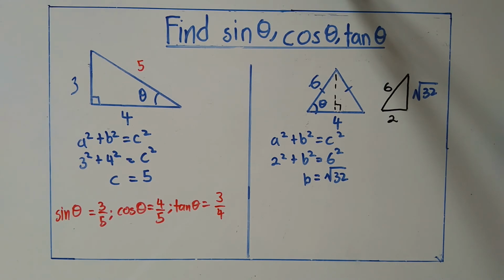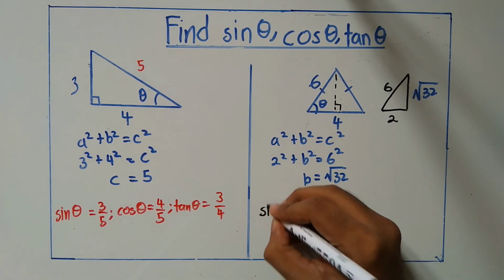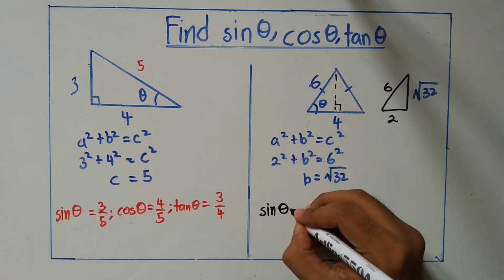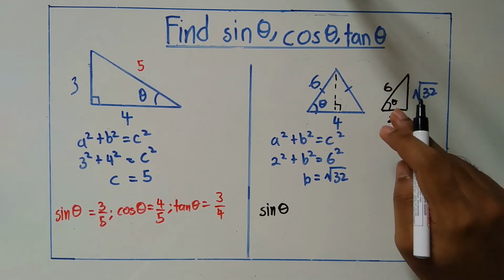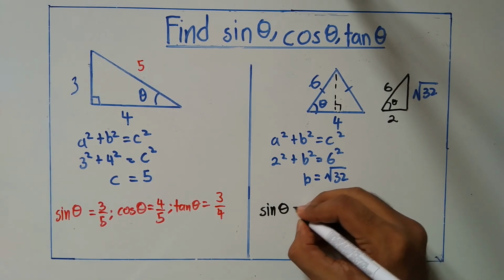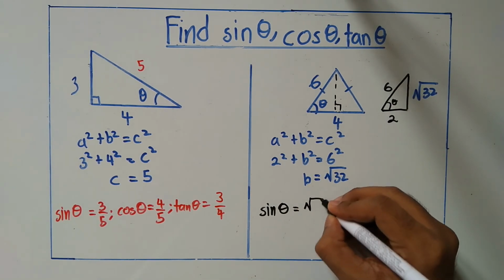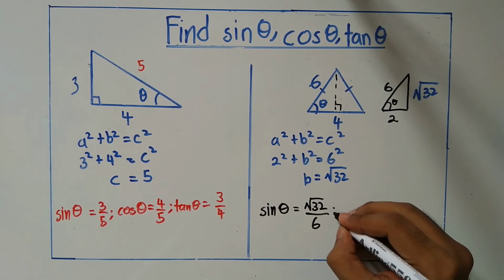We have all the sides, and now we can find the values of sine theta, cos theta, and tan theta, which are as follows. Using the same concept as in the first question, sine theta is square root 32 over 6.